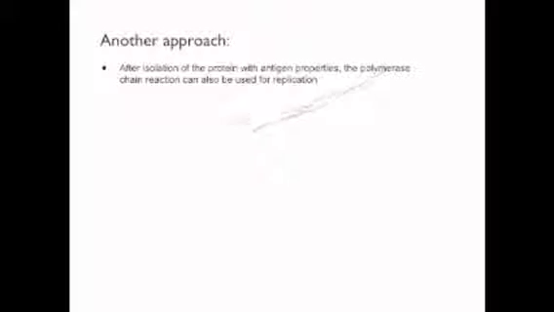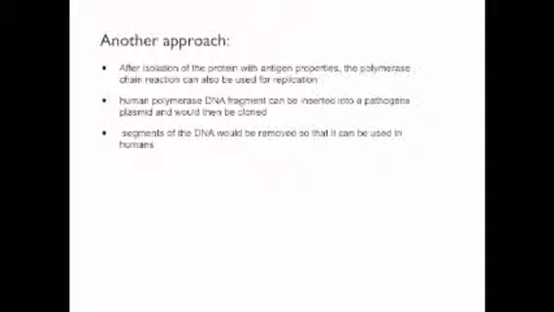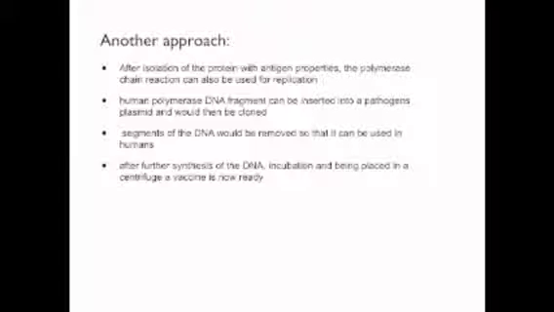Another approach of reverse vaccinology just uses plasmids. After isolation of the protein with antigen properties, the polymerase chain reaction is used for replication. A human polymerase DNA fragment is inserted into a pathogen's plasmid and would then be cloned.